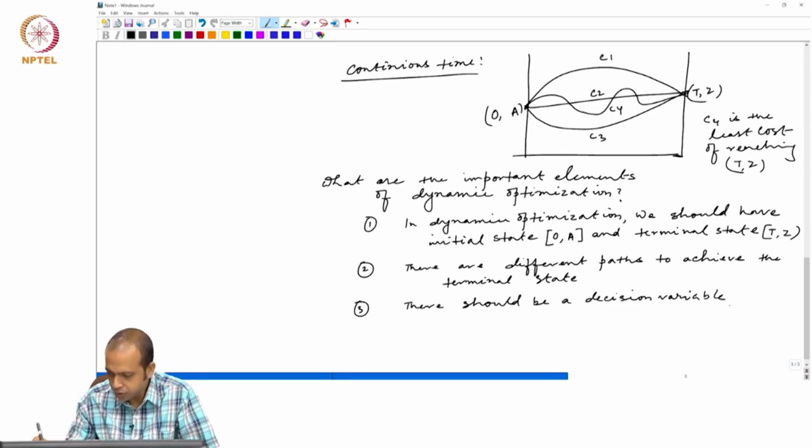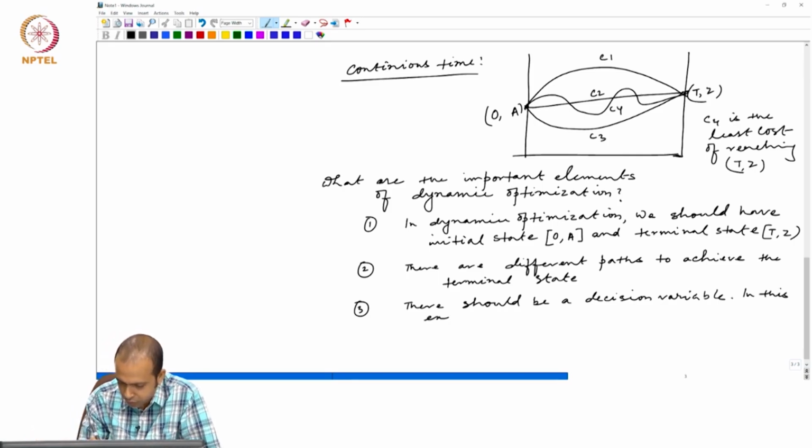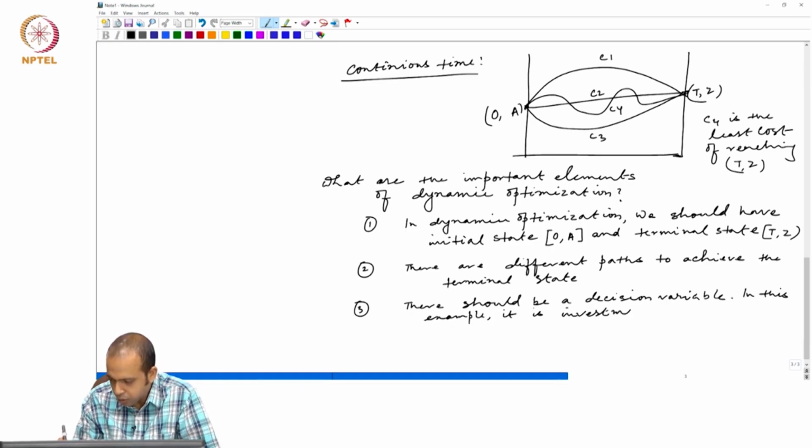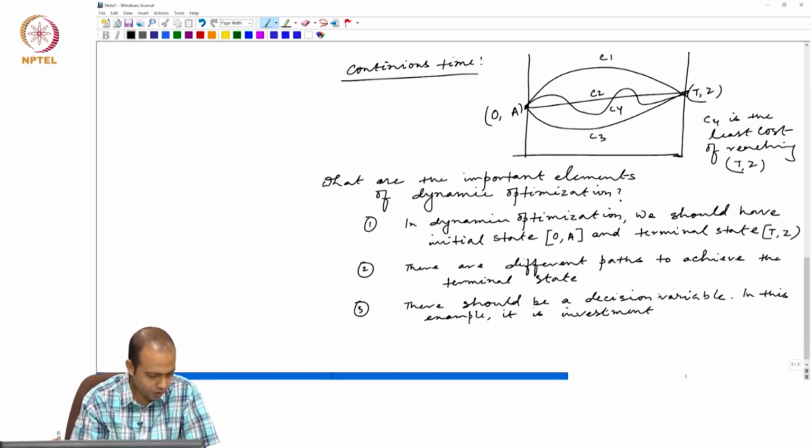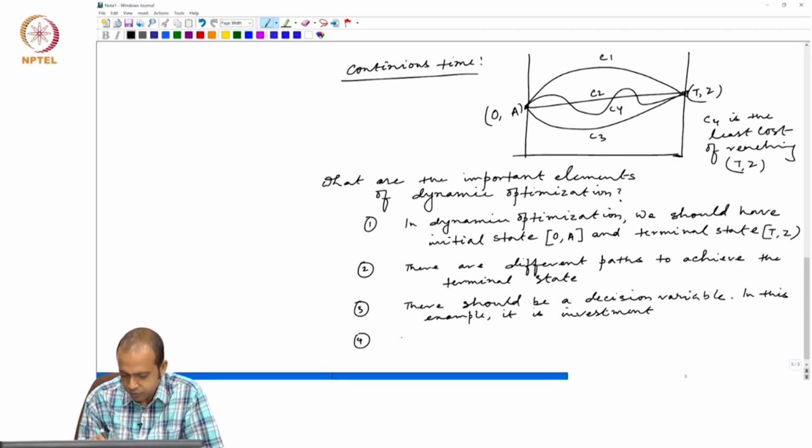In this example, it is investment. Right.